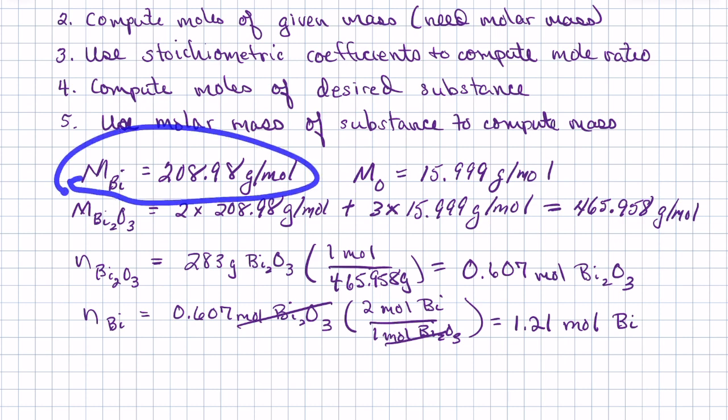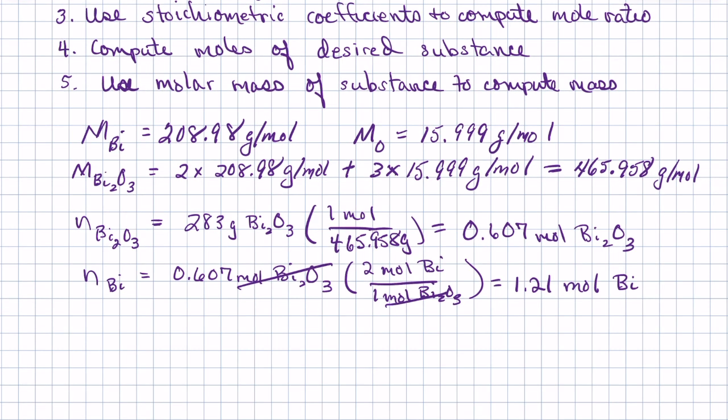So here's our molar mass of bismuth, and the mass of our bismuth is equal to our moles multiplied by our 208.98 grams per mole of bismuth.